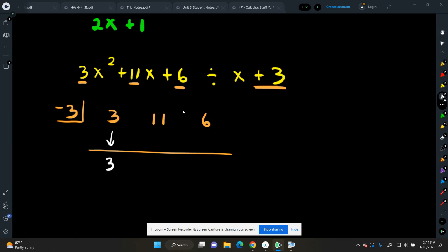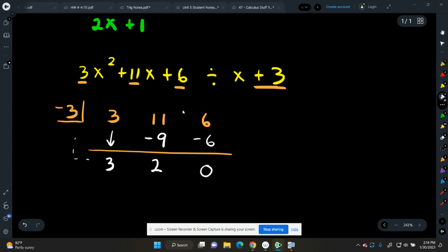Now we do negative 3 times 3, which is negative 9. We write that in the next column. 11 plus negative 9 is 2. And then we multiply again. Negative 3 times 2 is negative 6. We add them and we get 0.